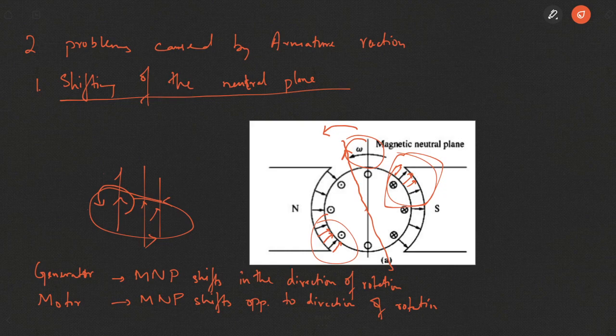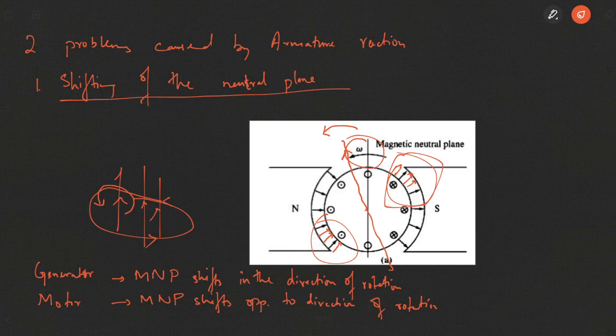But if the brushes are set to short out the conductors, what will happen is that voltage between each segment is indeed actually 0 until the machine is loaded. But once the machine becomes loaded, because of the change in the magnetic neutral plane, this basically does not happen anymore.